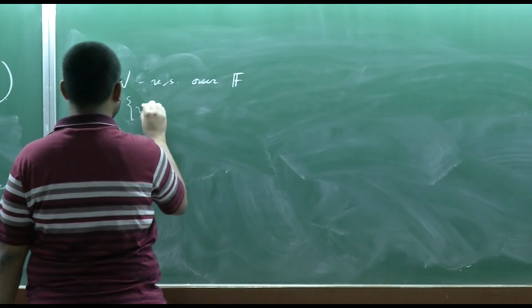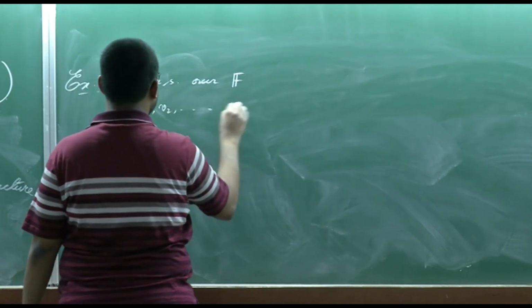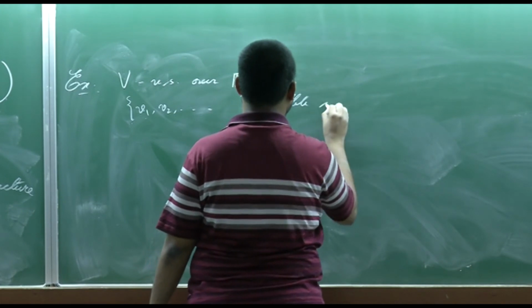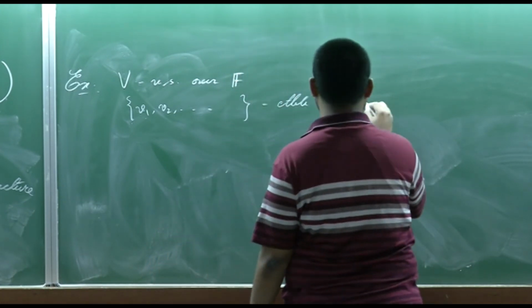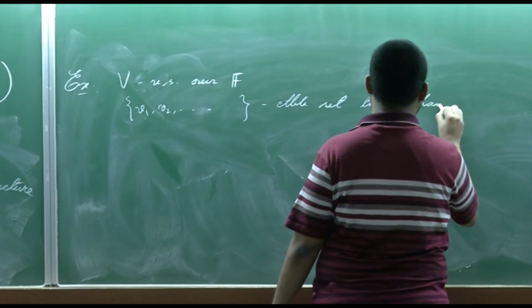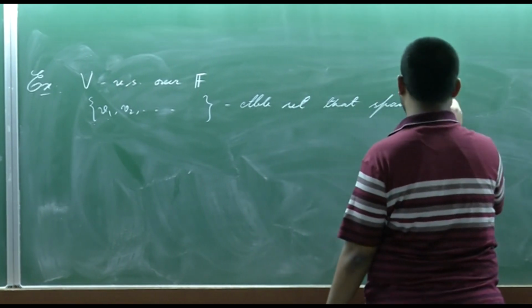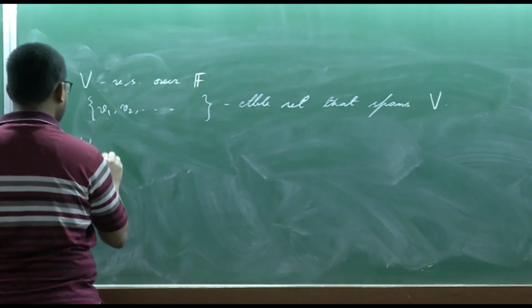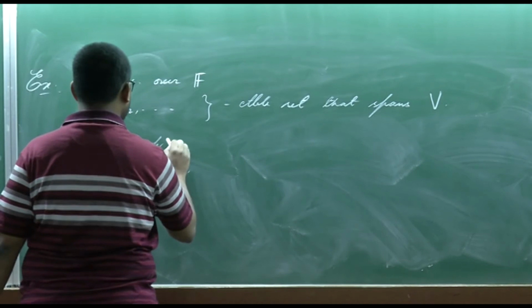And suppose v1, v2, and so on is a countable set which spans the whole of V. So, now what you do is define Vn to be the span of v1 up to vn.